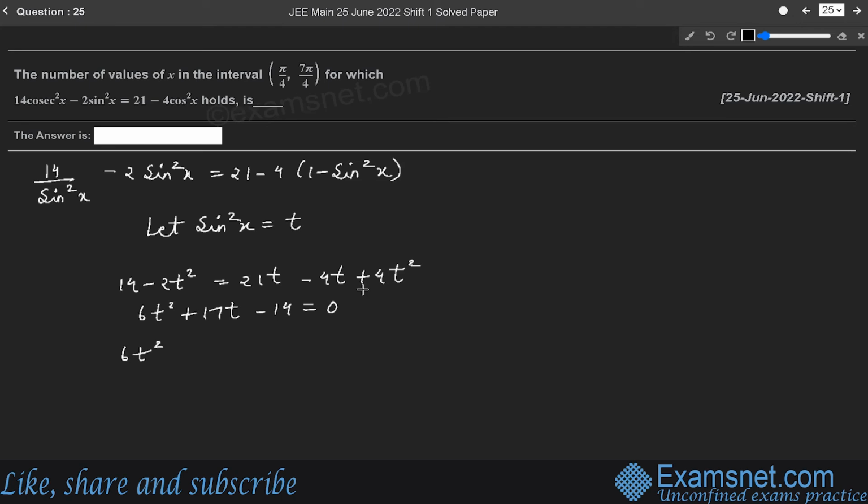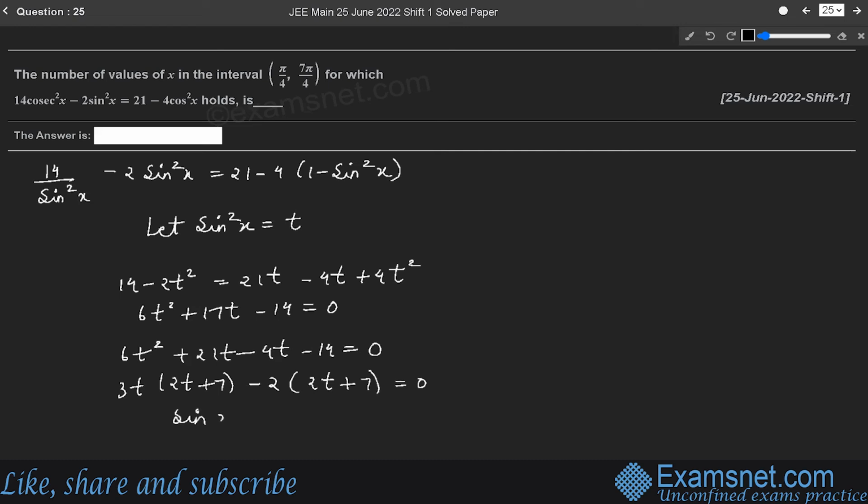Therefore, 6t square plus 21t minus 4t minus 14 is equal to 0. We have used the splitting the middle term method here to find the factors. So, taking 3t common, the remaining terms will be 2t plus 7. And taking minus 2 common, the remaining terms will be 2t plus 7 is equal to 0.